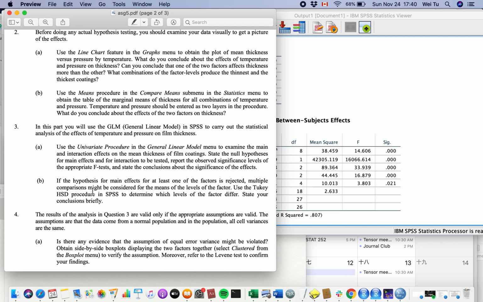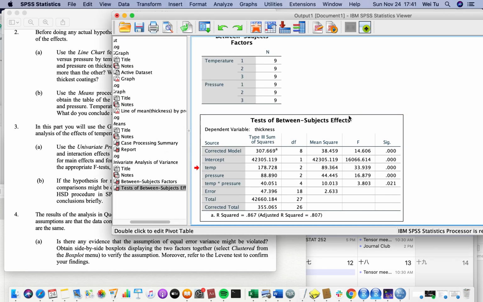For 3b, if the hypothesis for main effects for at least one of the factors is rejected, multiple comparisons might be considered for the levels. Use the Tukey procedure. Right now we're saying that the two main effects are significant, so temperature has a significant impact on the thickness.